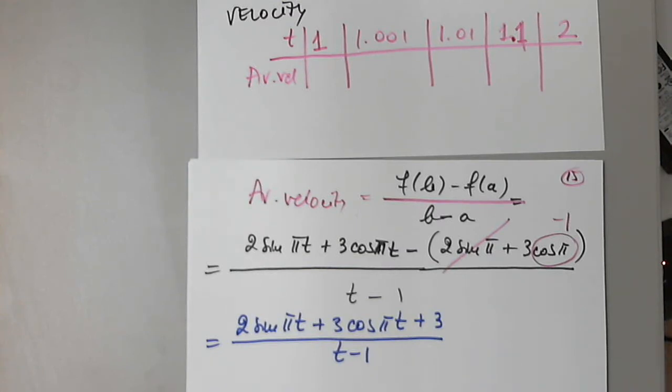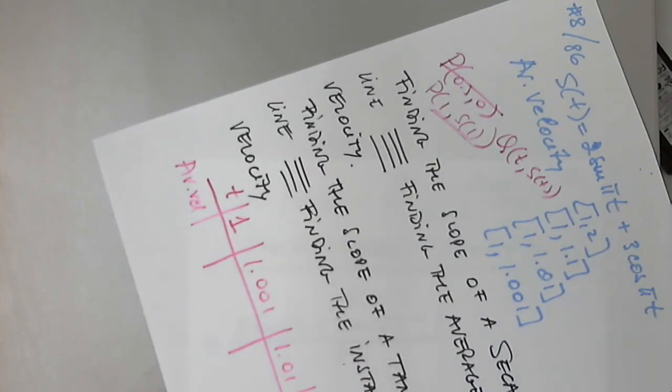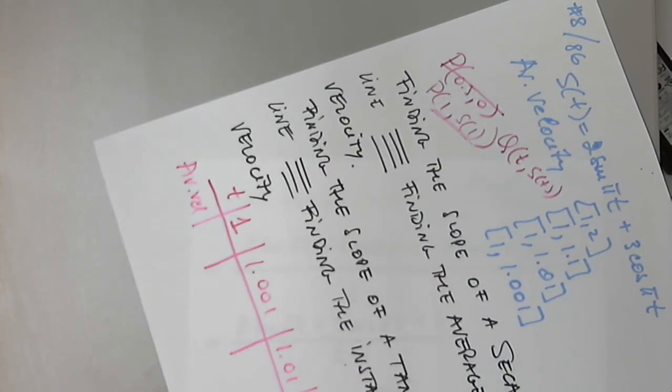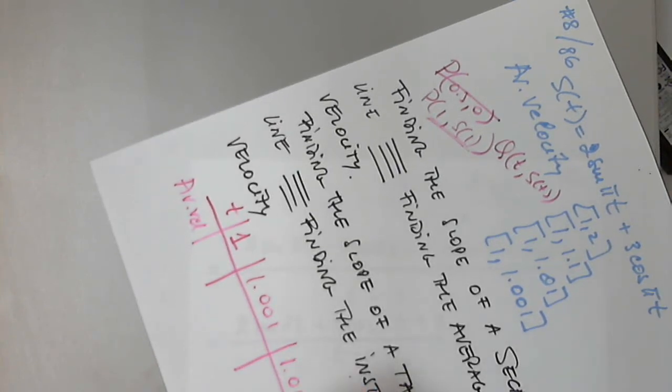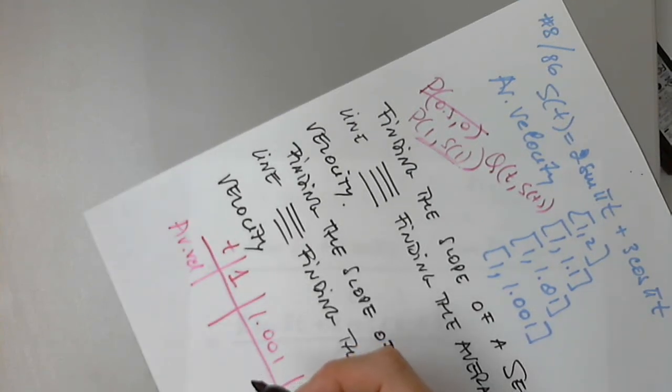And let's see what that is. So the first slope, under 2, I will write 6. Under 1.1, negative 4.712. Under 1.01, negative 6.134. Under 1.001, negative 6.268.